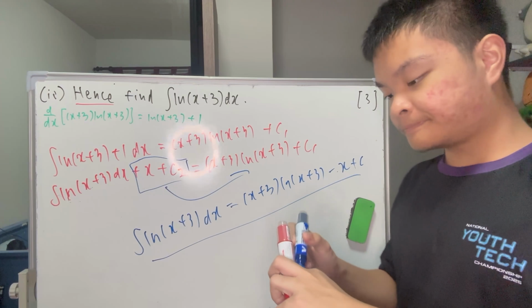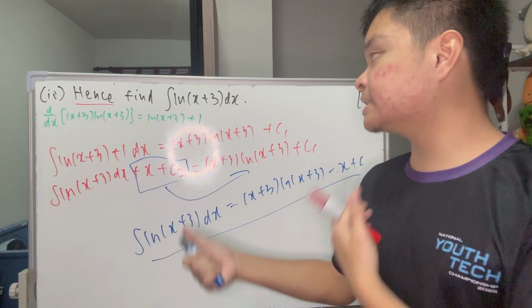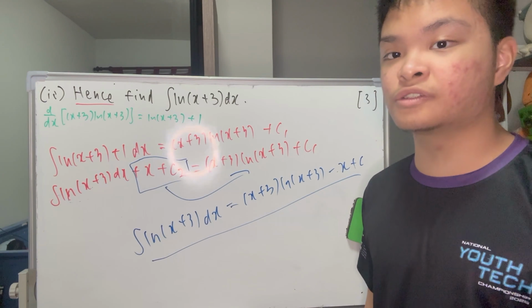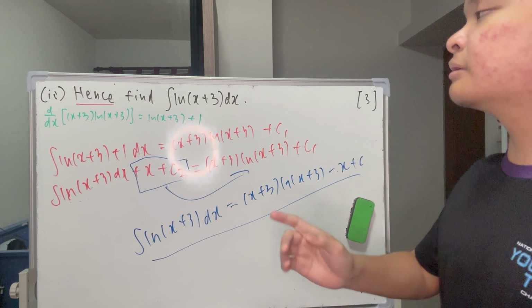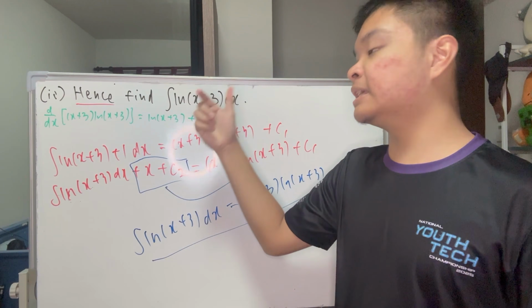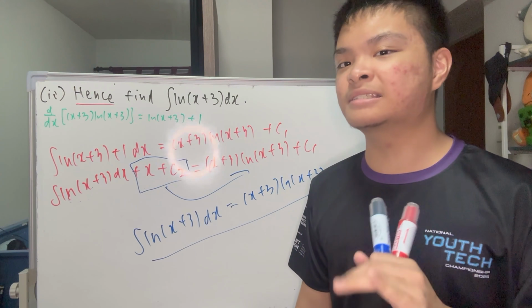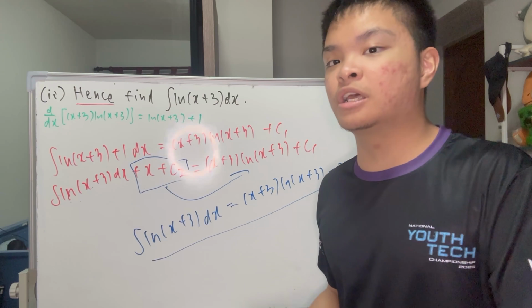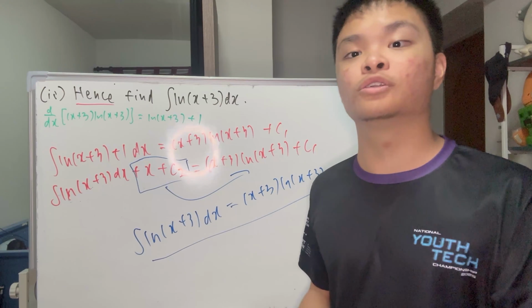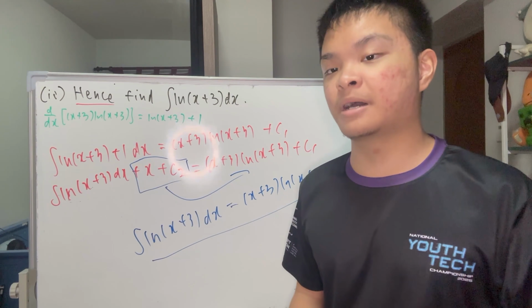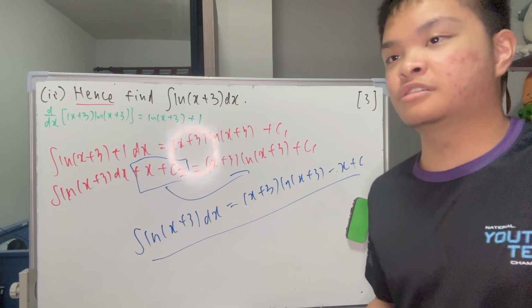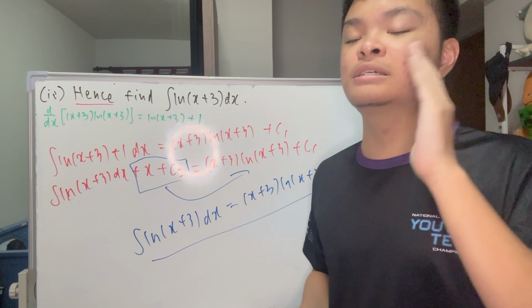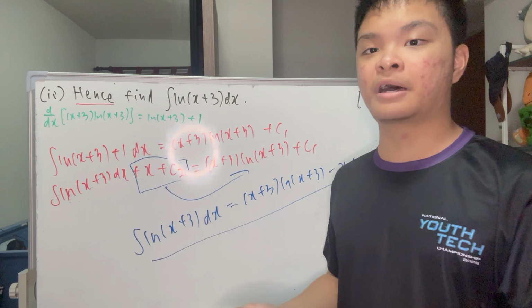So let's review. This type of question, where they will first ask you to differentiate something, just differentiate normally. Then they will say, hence find the integral of something. Usually this something is something that you cannot integrate normally, because you may not know how to, because sometimes they might ask you to integrate like sine x, cosine x, something that you cannot split apart easily.